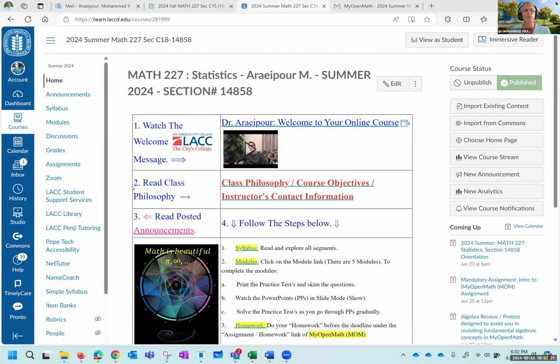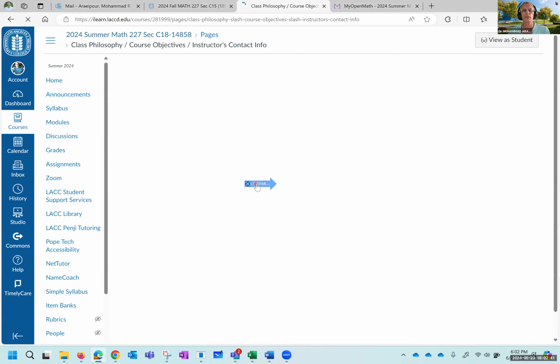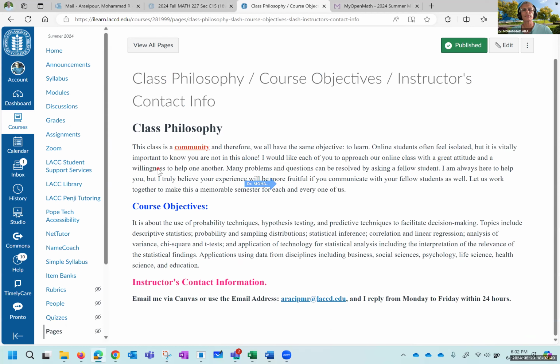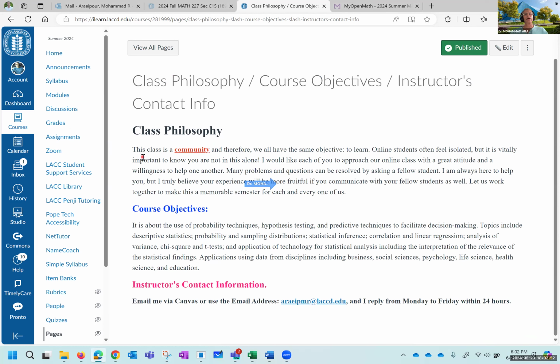Number two, class philosophy, course objective. We start with the class philosophy. This class is a community, and therefore we all have the same objective: to learn.